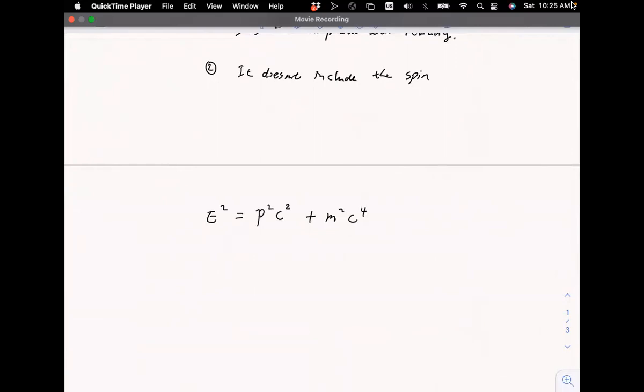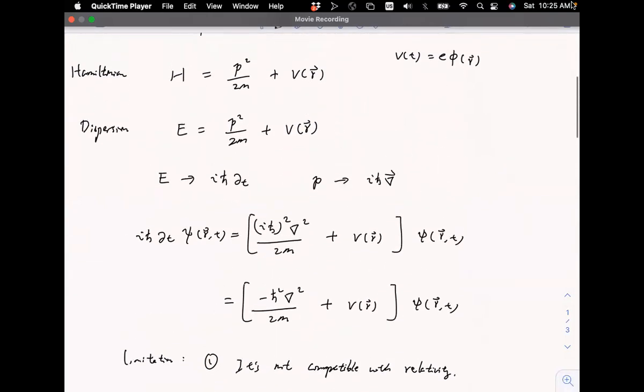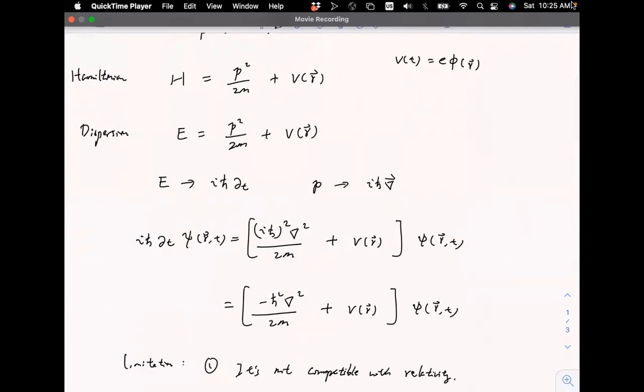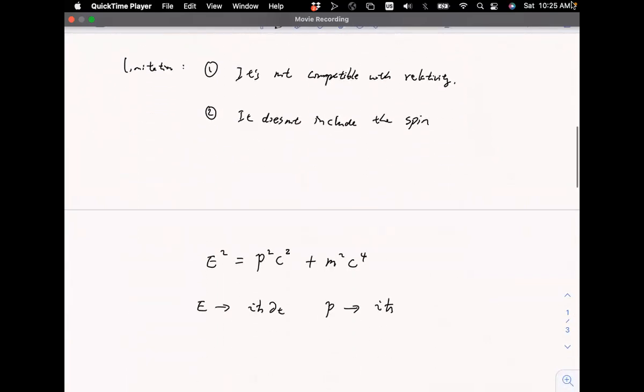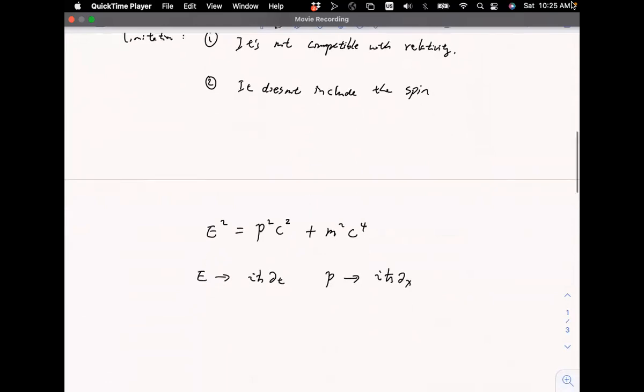Okay, so if you do this same thing here, you do the same substitution, it's negative. If you do the same thing here, then you're going to get something like this.